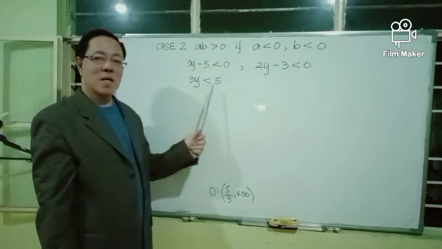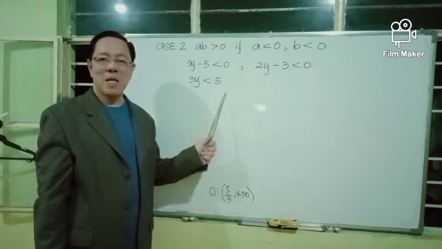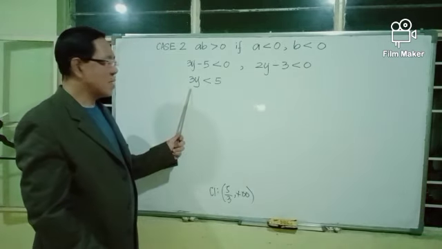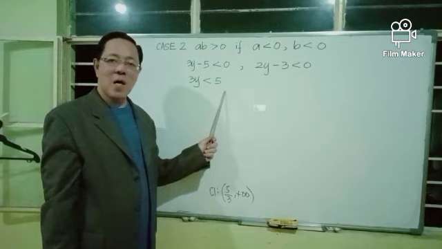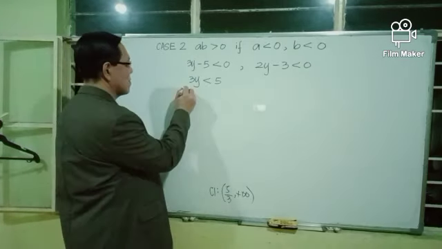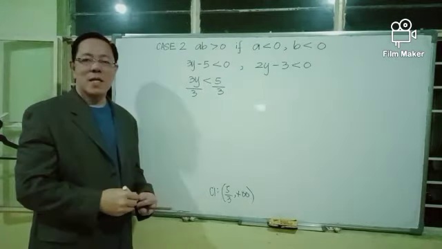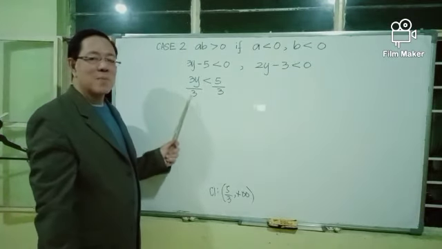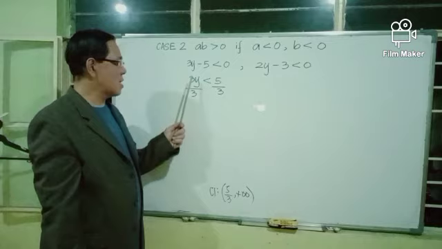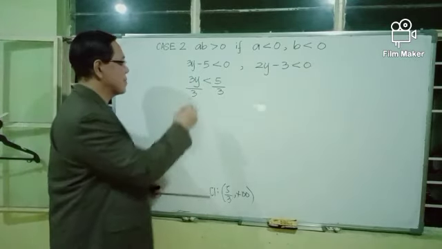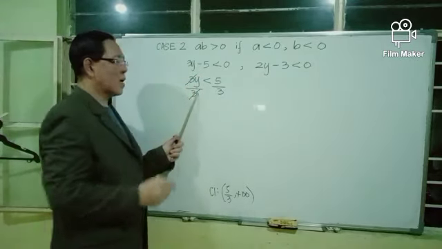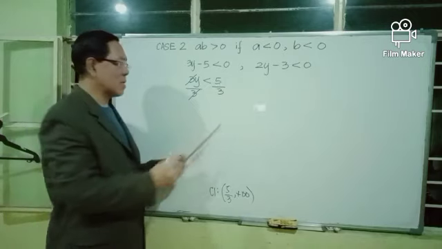Thus, we divide both sides of this inequality by positive 3. We divide 3y by 3 and we divide 5 by 3. At the left hand side, 3 divided by 3 is 1, so we simply cancel out 3 from the left. And we get y less than 5 over 3.